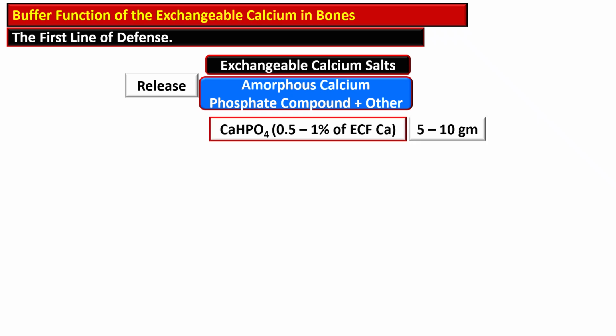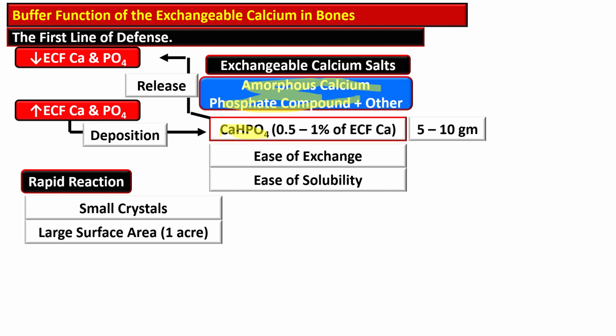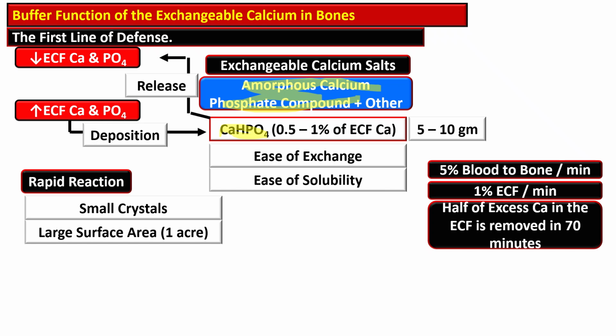This exchangeable calcium is composed mainly of amorphous calcium phosphate compounds, especially CaHPO4. It is loosely bound in the bone and reversible, in equilibrium with plasma calcium and phosphate, and it represents 0.5 to 1% of the extracellular calcium, that is about 5 to 10 gram.